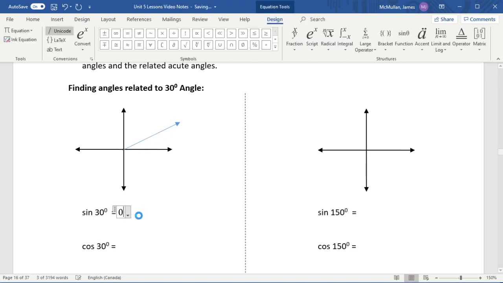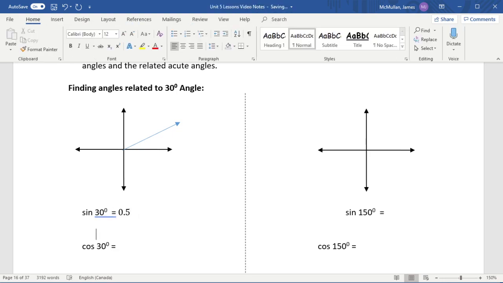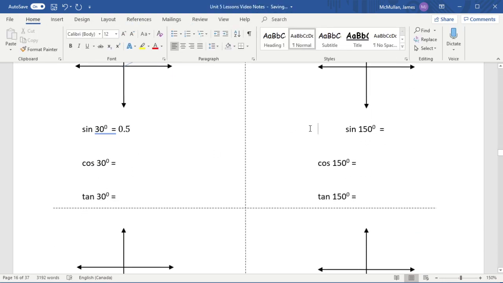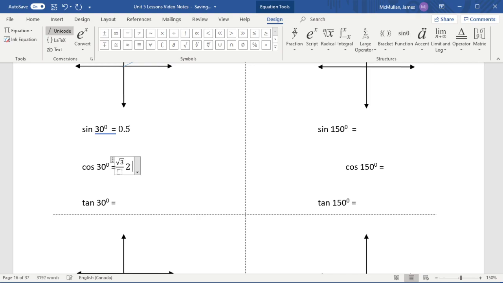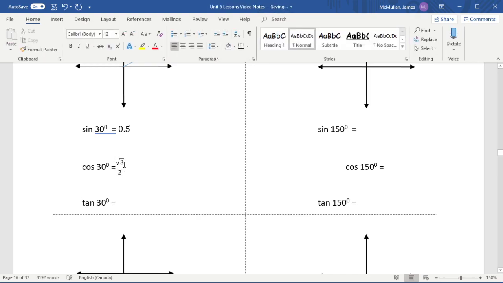Now, sine of 30 from yesterday is equal to 0.5. Cos of 30 from yesterday is equal to square root 3 divided by 2. We came up with that yesterday.